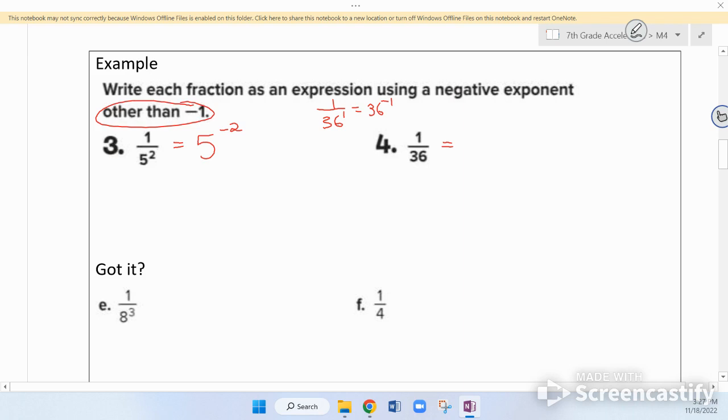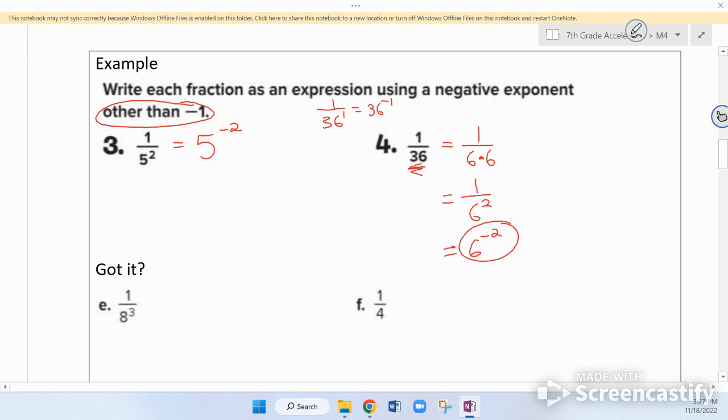We have to think of some way to write 36 as a product of identical factors. So we can rewrite that as 1 over 6 times 6, and then 1 over 6 squared, and that's dividing by 6 twice, so we can use the negative exponent.